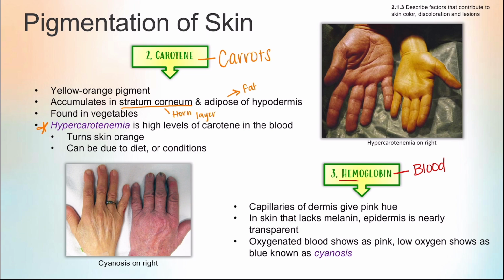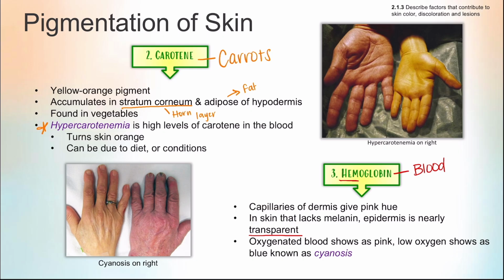So, what is going to happen in cases of people who lack melanin, whether they are lacking darker melanin, or they have very small amounts, or just pheomelanin, or maybe they have albinism. They are going to have an epidermis that is nearly transparent.